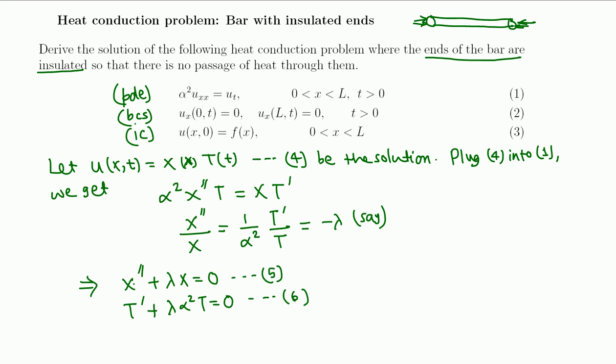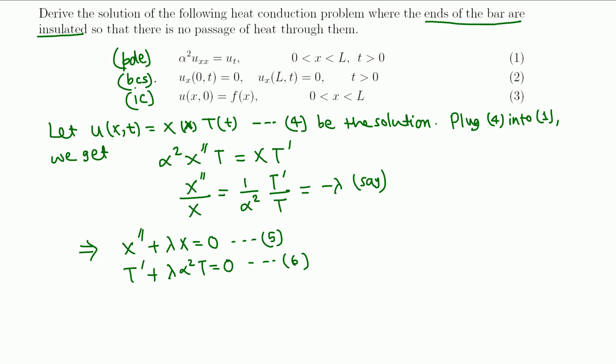But 5 is only in terms of x. So what we do all the time, we plug 4 into these boundary conditions. Okay, let's do that. Then hope we'll get boundary conditions in terms of only one variable.